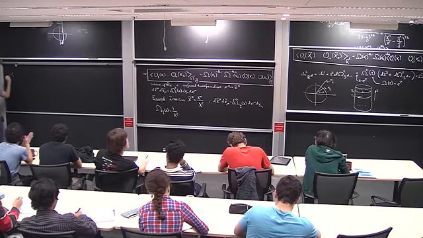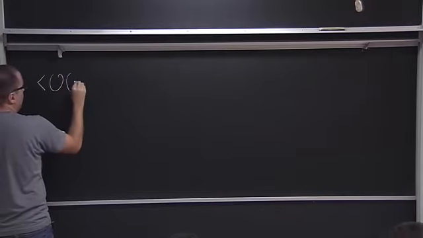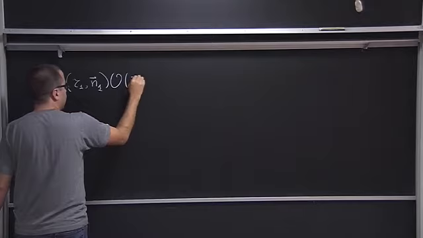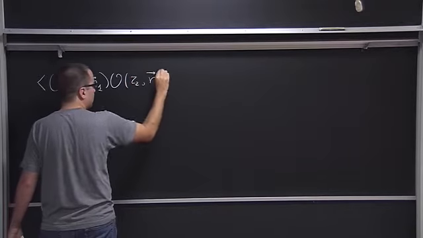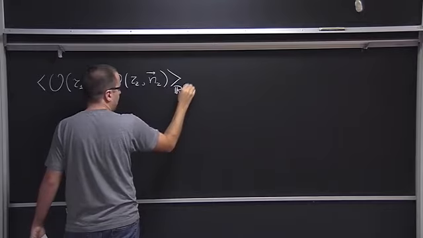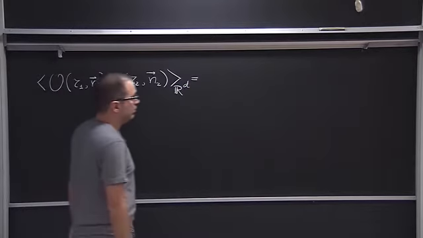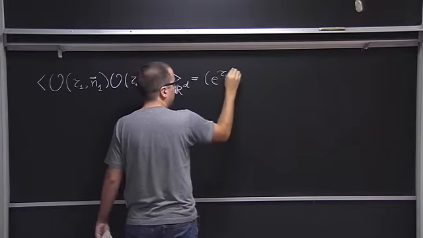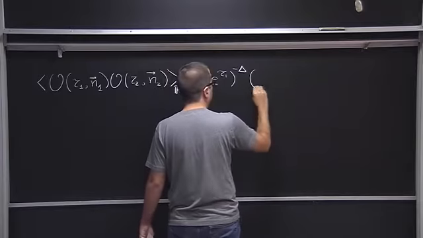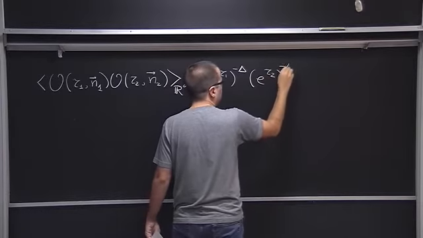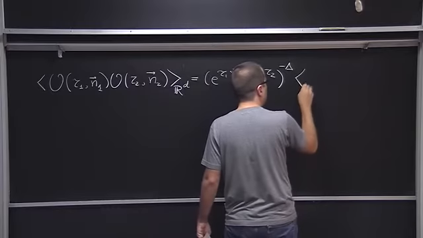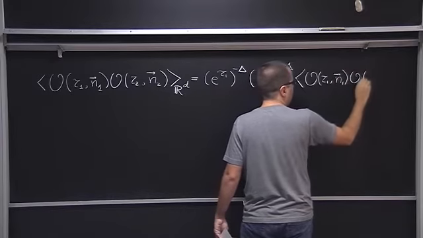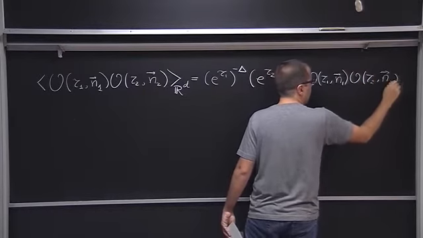We know that the correlation function of my operator parameterized by tau1 and n1 with my other operator parameterized by tau2 and n2 in flat space R^d is equal to, so let's use this definition, omega of the first point, e to the tau1 to the power minus delta, omega at the second point, e to the tau2 to the power minus delta, times the correlation function of my operator parameterized by tau1 and n1, operator tau2 and n2, on the cylinder.